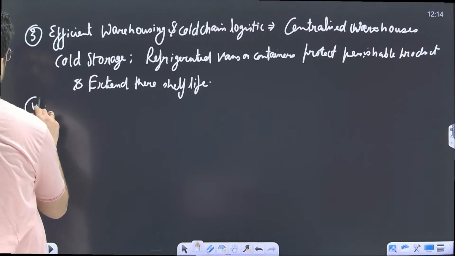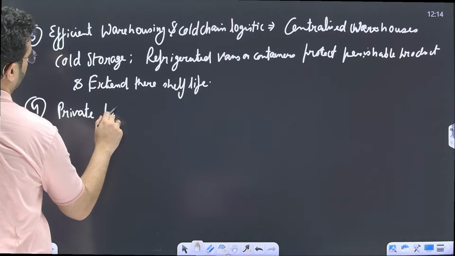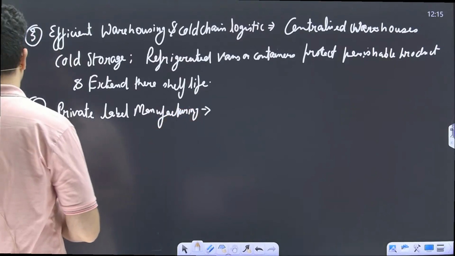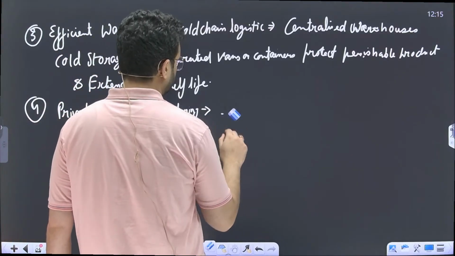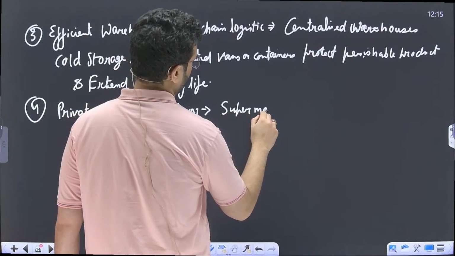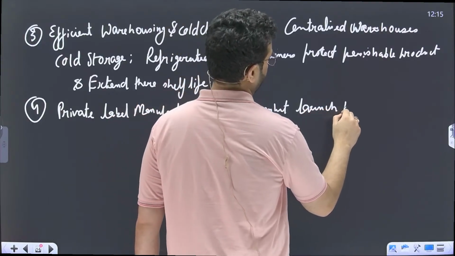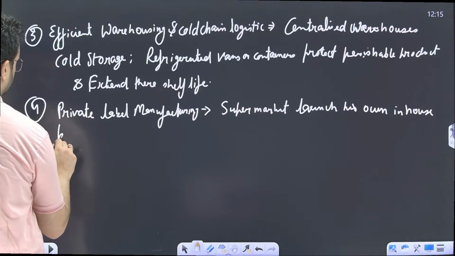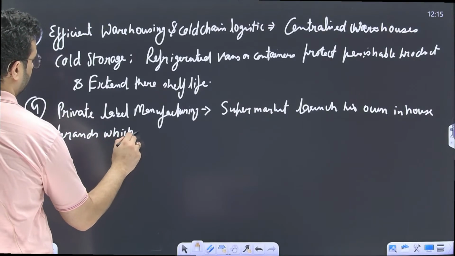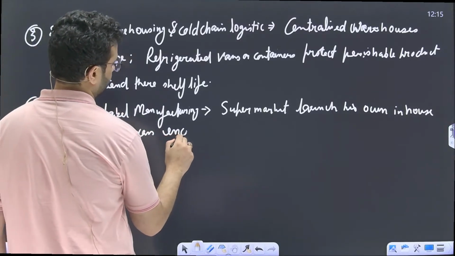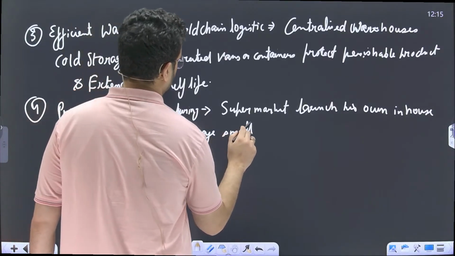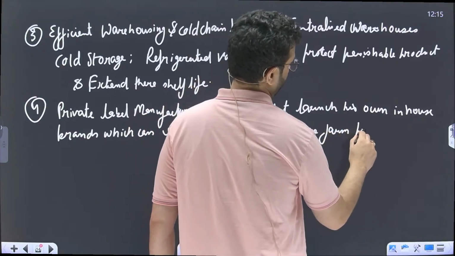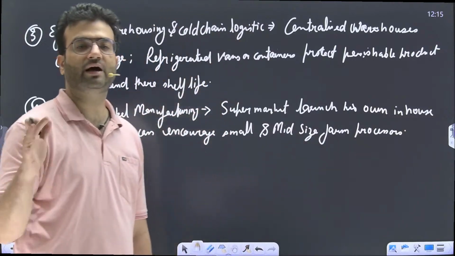Then private label manufacturing. Supermarkets launch their own in-house brands, which can encourage small and mid-size farm processors. आपने देखा होगा DMart have its own brand.